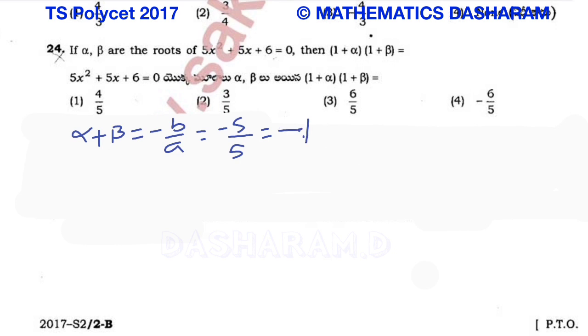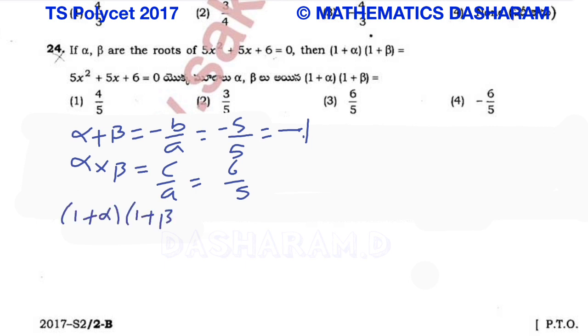Next, alpha into beta is c by a. C means the constant term 6, and a means the x square coefficient. Now it is asking what is the value of 1 by alpha into 1 plus alpha into 1 plus beta. Let us multiply these: 1 bracket of 1 plus beta plus alpha into 1 plus beta.